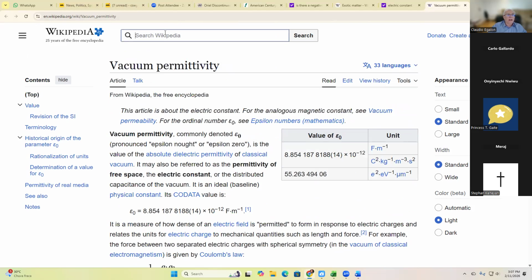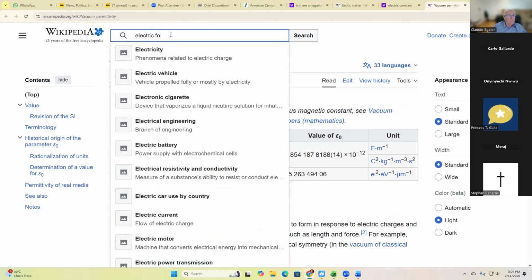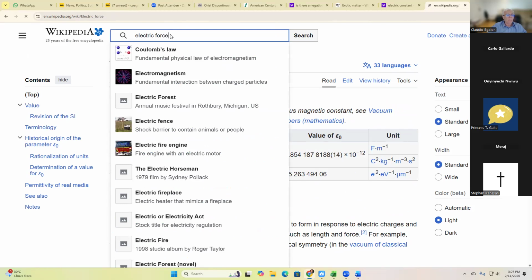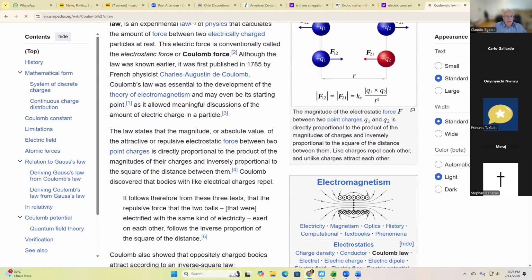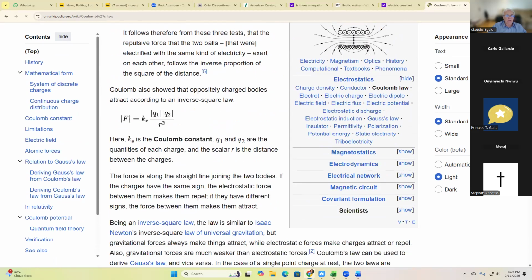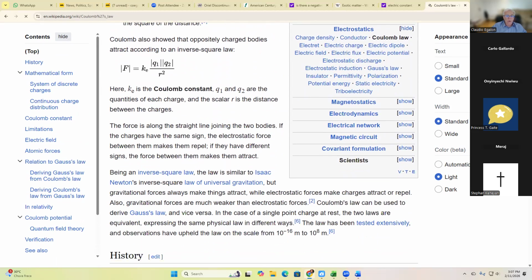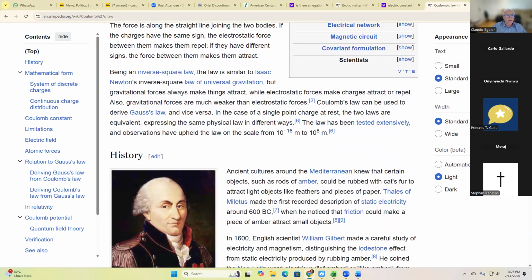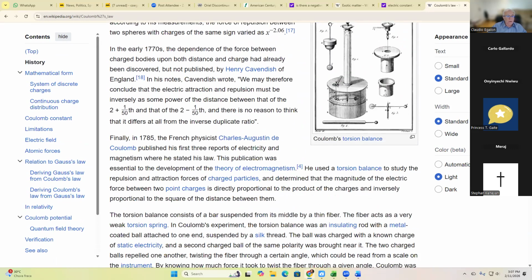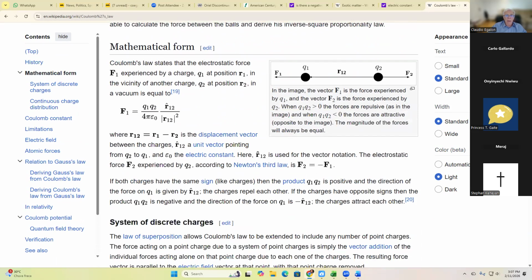Let's look at it a different way. Electric force, Coulomb's law. Here again, Wikipedia. They call it the Coulomb constant. Now, what is the value of the Coulomb constant? There is a way to measure the Coulomb constant in the lab.